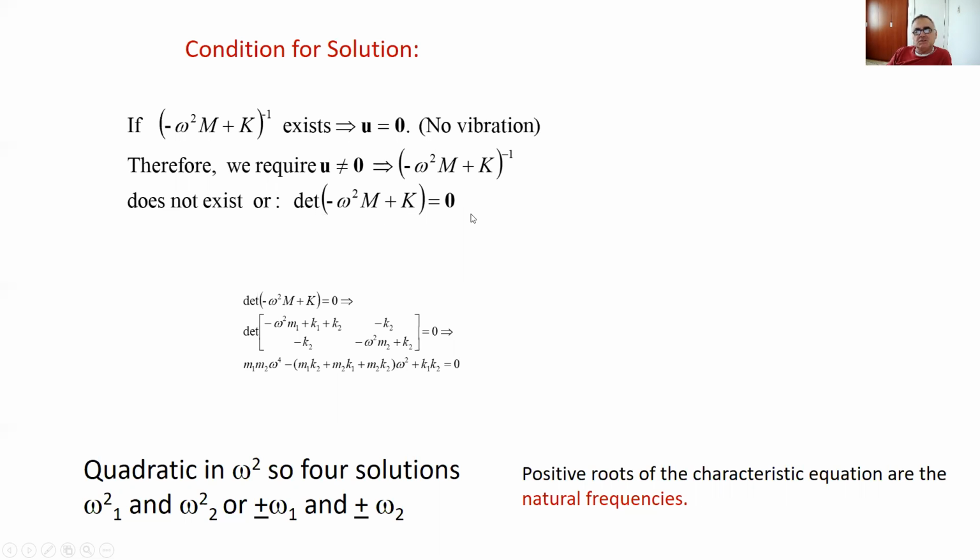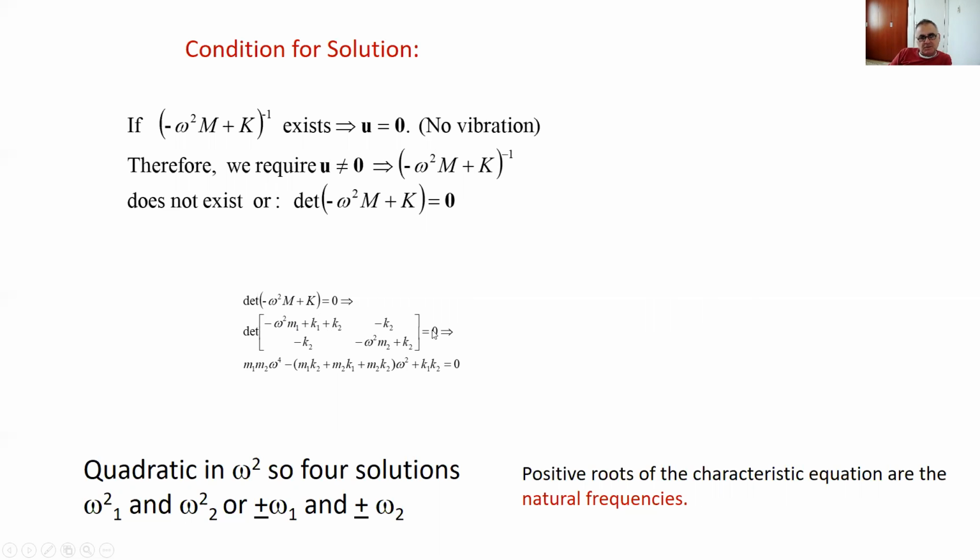And this condition is actually the condition for the existence of solutions for the natural frequencies of the system. For example, for our case of the second order system, the determinant of minus omega squared M plus K equals 0 means the determinant of this matrix, as you remember, minus omega squared M plus K is the following matrix.